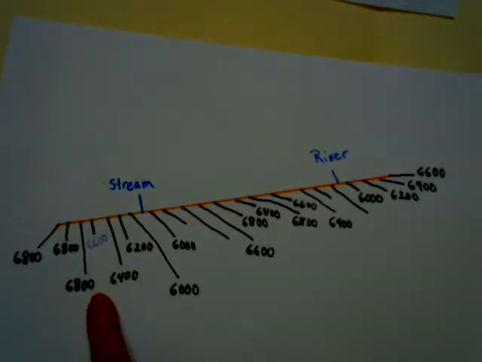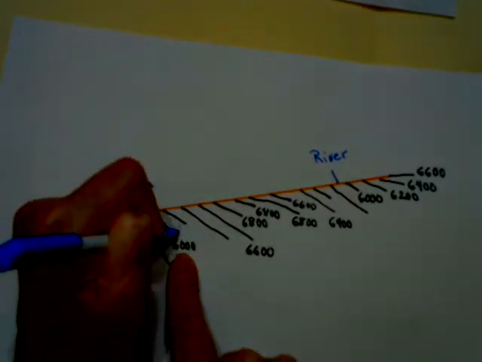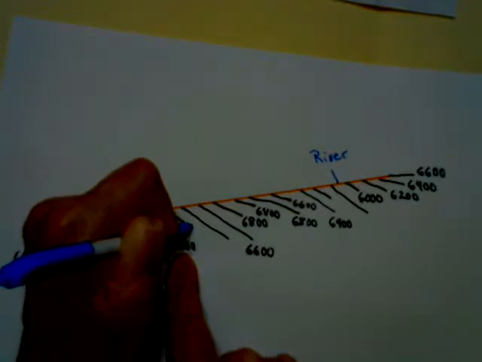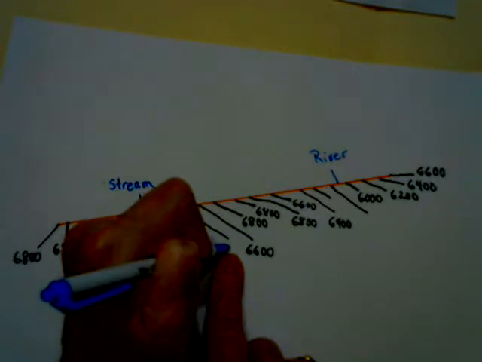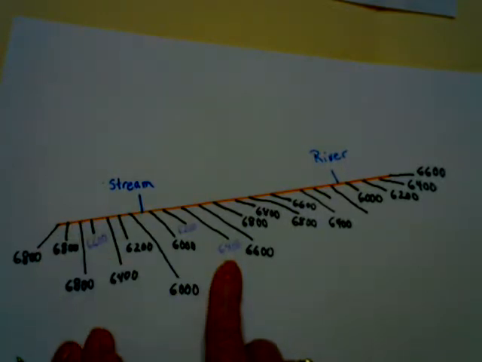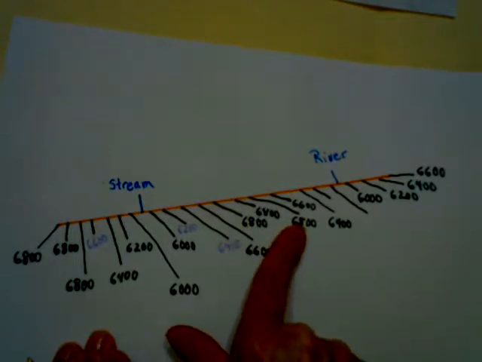We know our dark lines change by jumps of 200. So if this is 6,000, the next one up is 6,200. After that we would go to 6,400. We've got one marked at 6,600, and then several 6,800s.